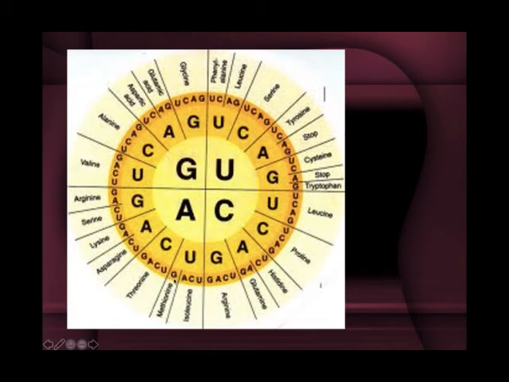So AUG is, in fact, methionine. You could do CCC: C, then the next ring is C, and then C is proline. Notice all three different bases in the third position with CC code for exactly the same thing. So we could swap a C in the third position for a U, and it would not change the amino acid being coded for, which is kind of nice.